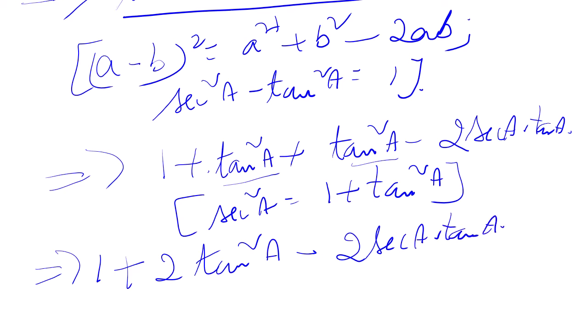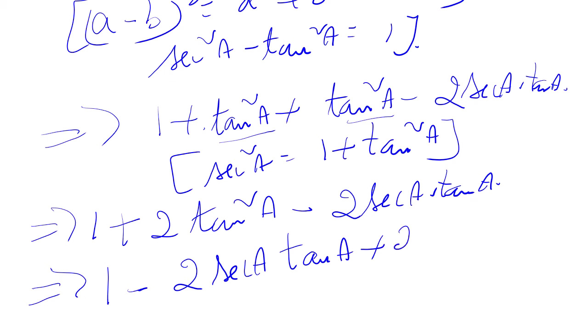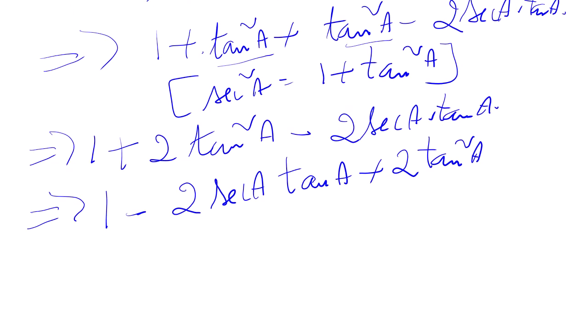So this becomes again 2 tan square A that you keep as it is. So this can be written as per the RHS they have given 1 minus 2 sec A tan A plus 2 tan square A, this just changed according to the RHS order.